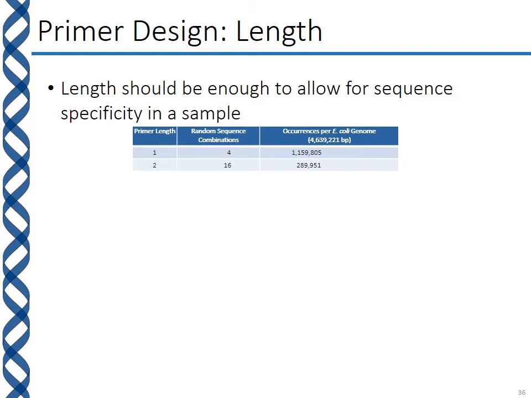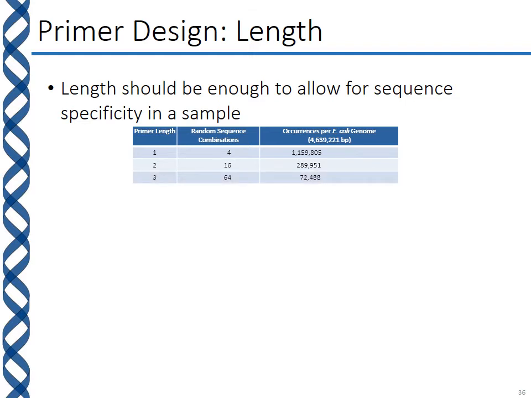So again, if it was randomly distributed, if you pick one of the combinations, say TA, you would expect to find within the genome the letter T followed by the letter A 289,000 times, and so that isn't terribly specific either.